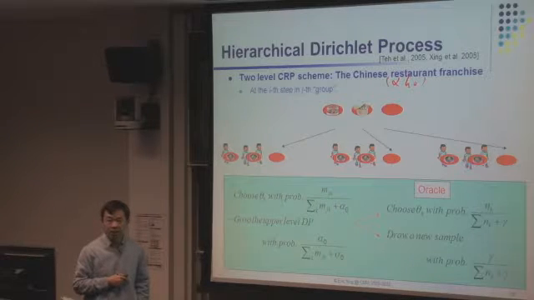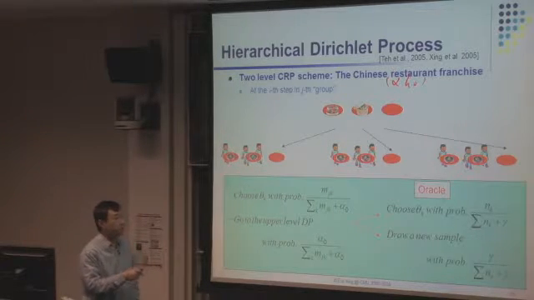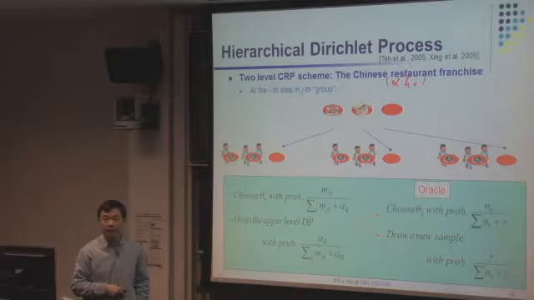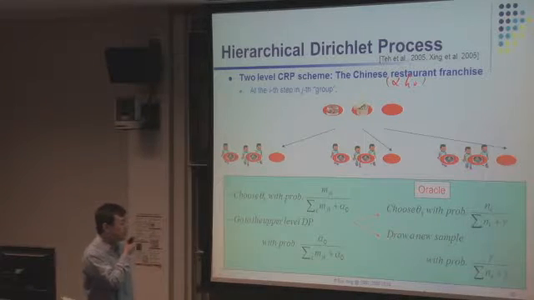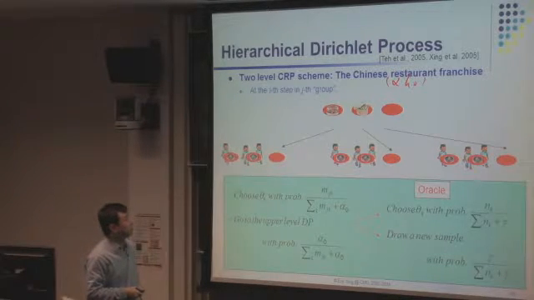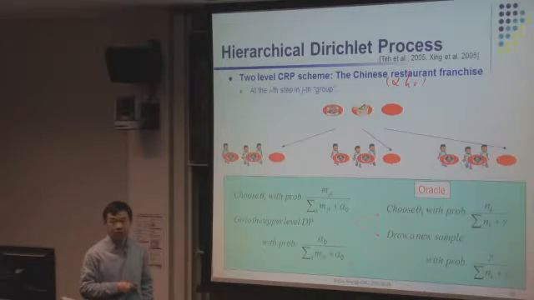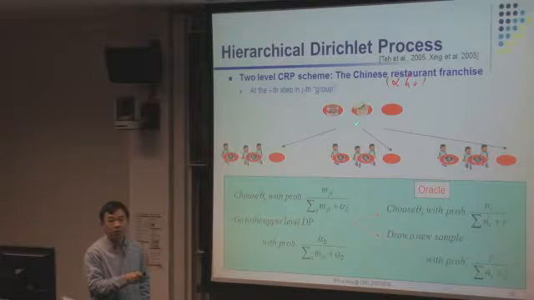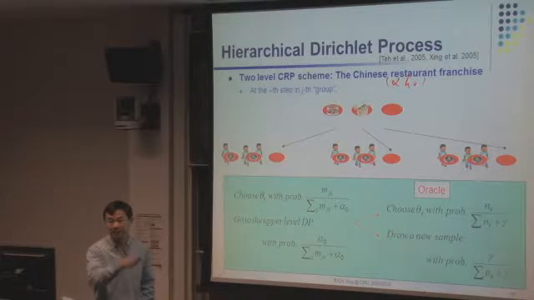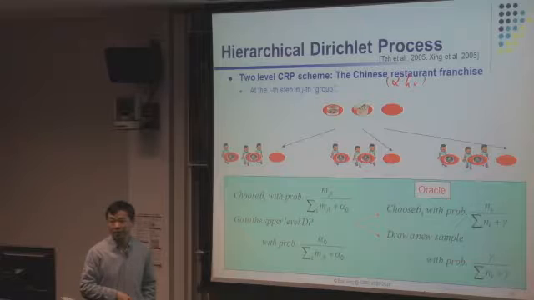Okay. What's interesting is when he decides to sit on a new table. Okay. So he's going to now do the following. He's going to see, oh, I want to start a new table. Where is the dish? There is no dish over there. And then he will send basically back to the master restaurant, the template restaurant.